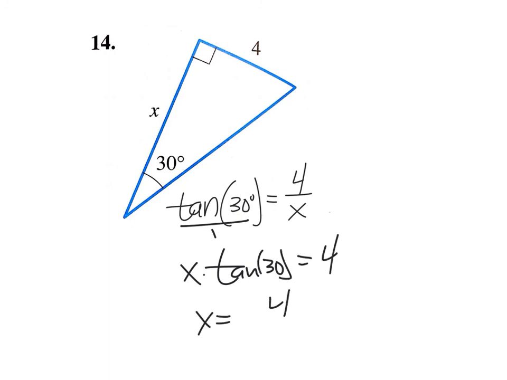Therefore, x will equal 4 divided by tangent of 30. Again, common mistake. Watch out when you have the variable in the denominator. Tangent divided by 4 would be wrong. It's actually 4 divided by the tangent of 30 degrees. Make sure you're in degree mode if you're finding degrees, and it looks like 6.9 for x.